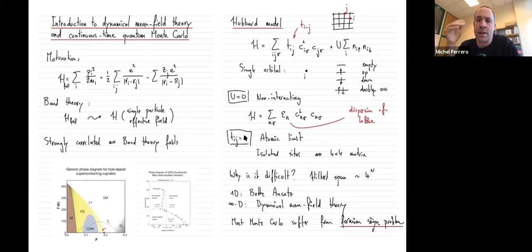What it really means is that it becomes valid for lattices in which the coordination number, which means the number of neighbors of a given site in the lattice, goes to infinity. So whether this lattice is a hypercubic lattice, whether it's the Bethe lattice or another one, doesn't really matter. What matters is that the number of neighbors has to go to infinity. But I'll actually discuss this when I talk about DMFT.